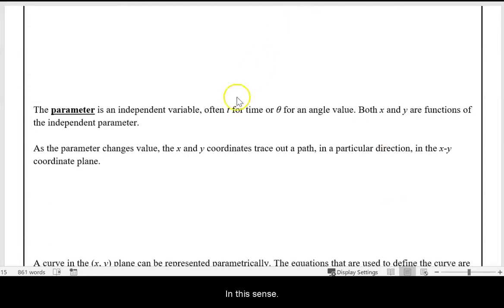In this sense, as the parameter t or theta changes its values, the x and y coordinates will trace out a path in a particular direction in the xy coordinate plane, or in 3-dimensional space. This means that it not only tells you where it is, but when it is there, and in what direction the particle or the substance is moving.